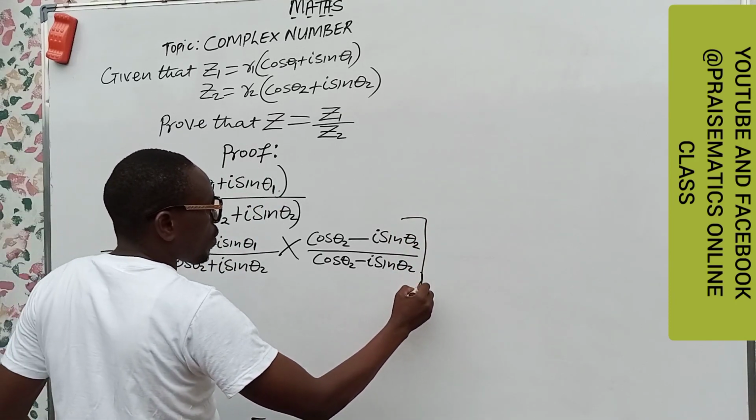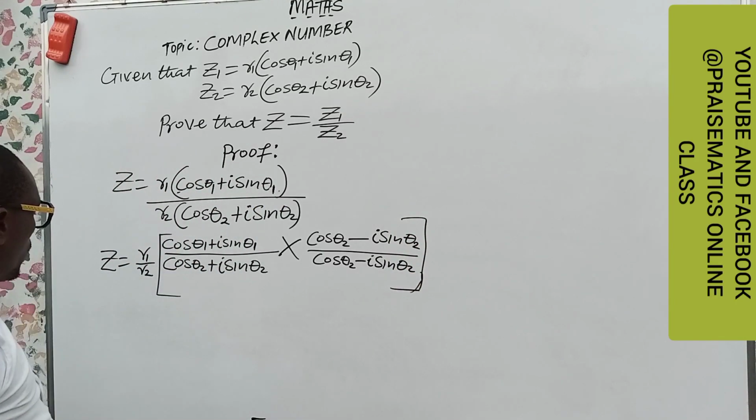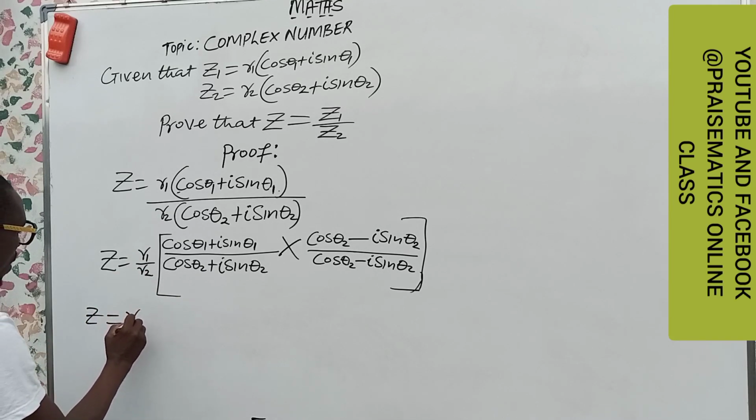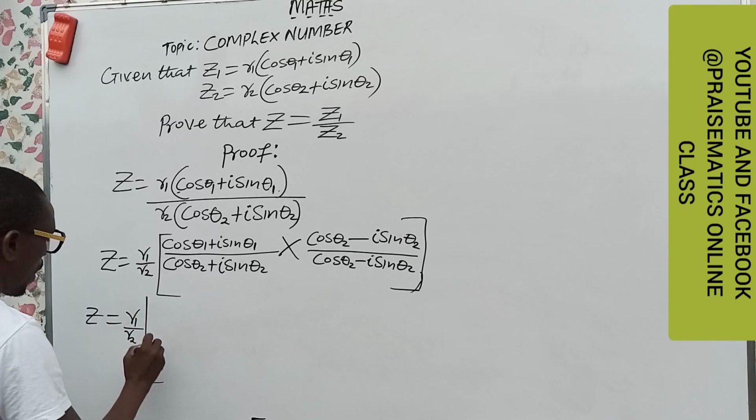So we multiply. Z equals R1 over R2 into bracket.